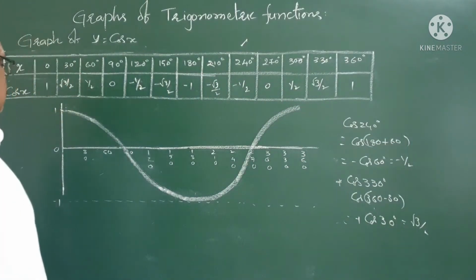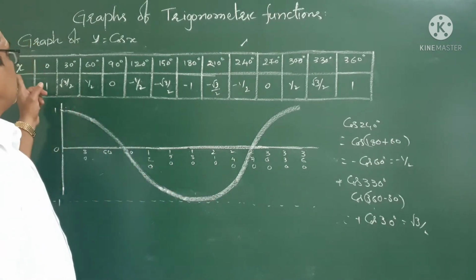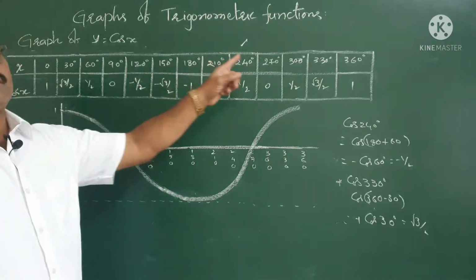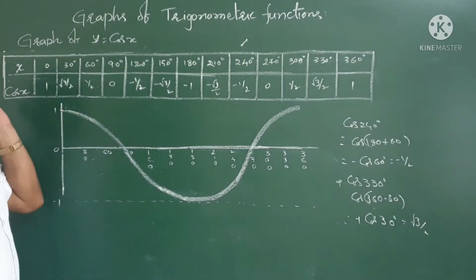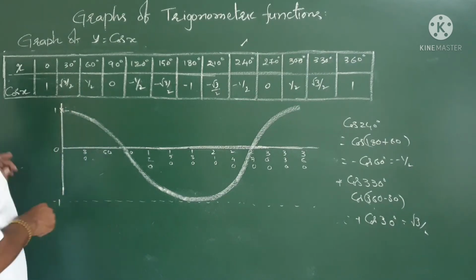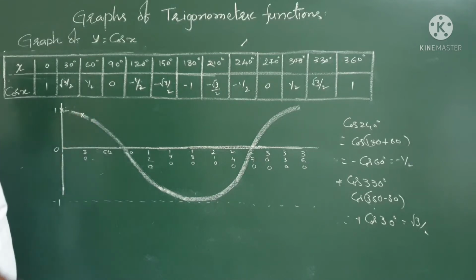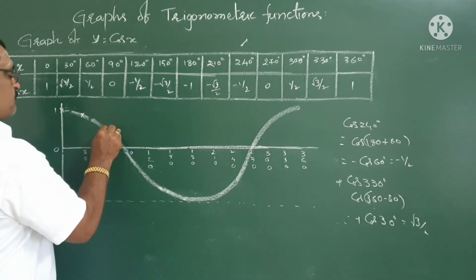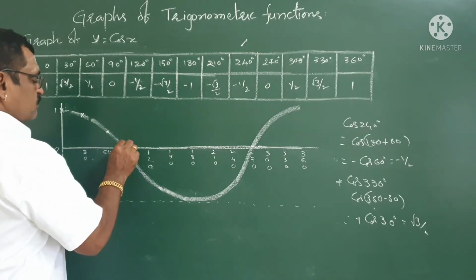After getting the values, I plotted them. I had taken all angles along the x-axis and outputs along the y-axis. Now, cos 0 is 1. Cos 30 is root 3 by 2, somewhere here. And cos 60 is equal to half, somewhere here. And cos 90 is equal to 0.